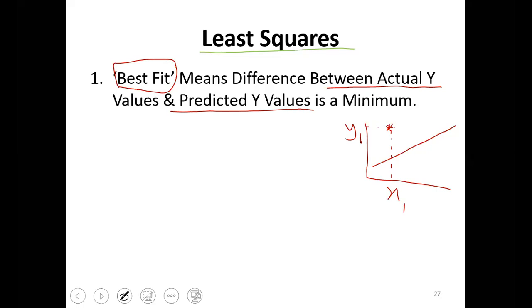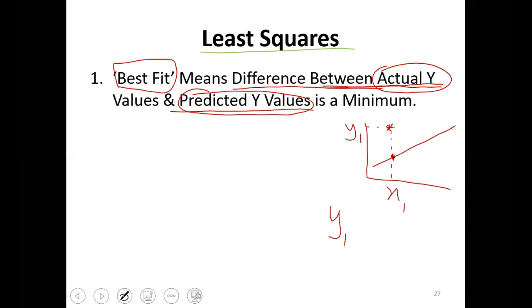Now you see the difference between the actual value. This is the actual value. y1 is the actual value, right? And the predicted value. What is this predicted value? The predicted value is the value that we expect to be on the line.